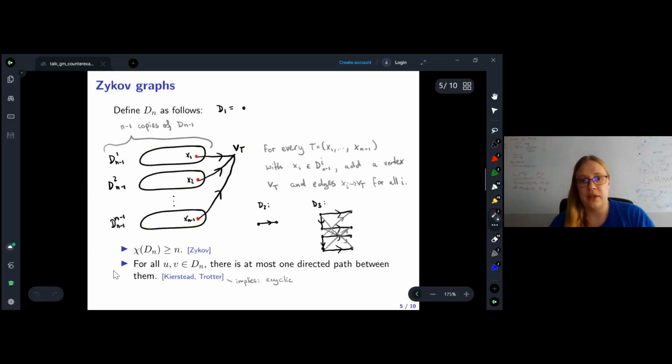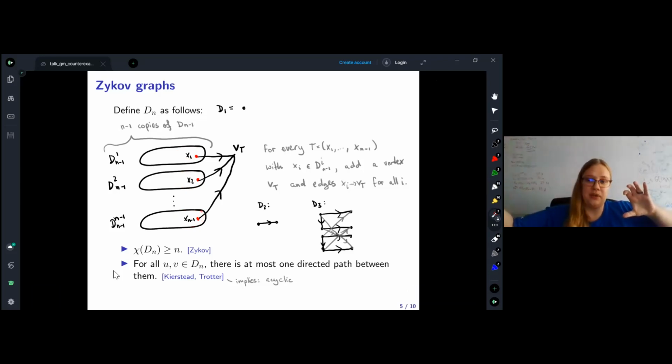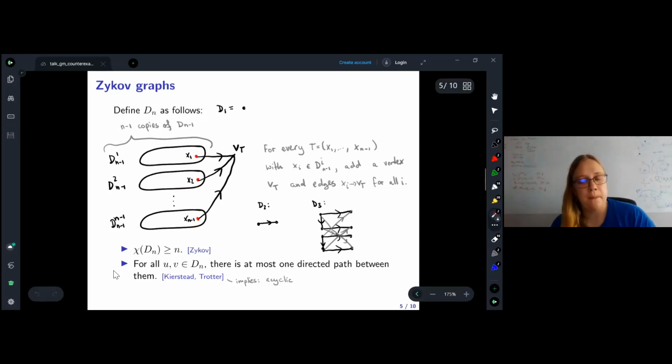So I could pick a vertex in here, which is colored with the first color, a vertex in here, which gets the second color, and so on. A vertex in here, which gets the n-1 color, and then for that transversal, its neighbor sees all of my available colors. So he has no color left, which means contradiction, we can't color with n-1 colors, so chromatic number goes up, and that's one of the well-known ways of making triangle-free graphs with large chromatic number.